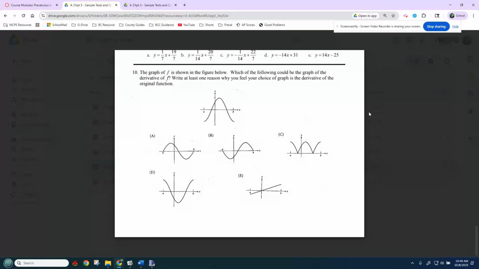These guys don't, so right off the bat you have a 50-50 guess. And then Alex said, well, the function is increasing, it has a positive slope from here to there, so the derivative had to be above the x-axis and be positive there.